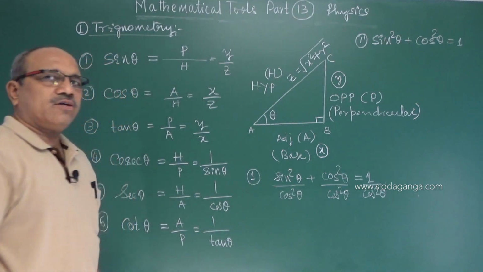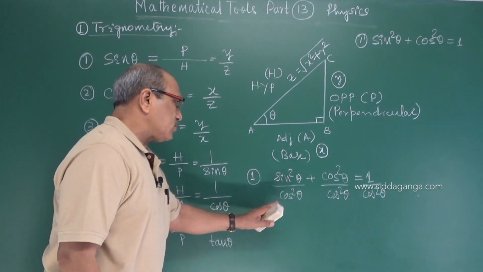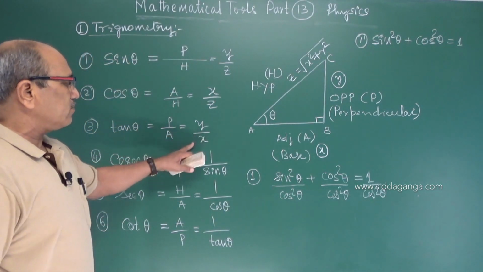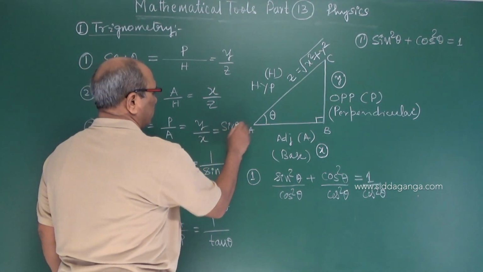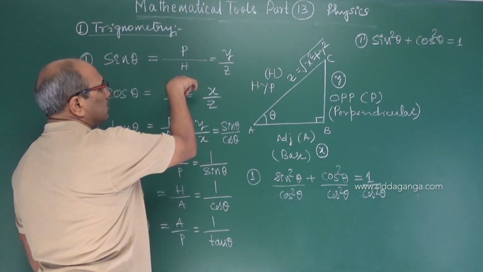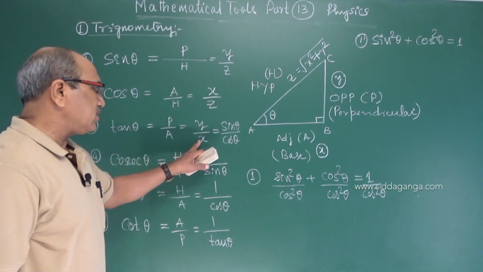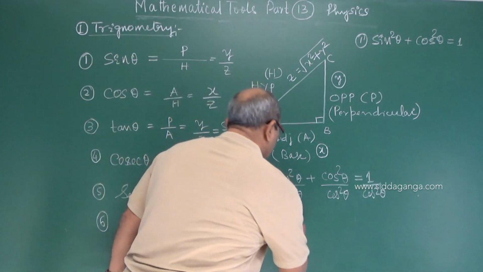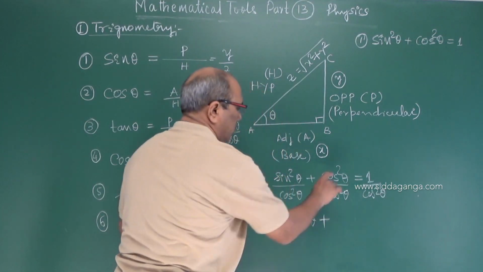If I divide by cos square theta, sin theta by cos theta is nothing but tan theta, because y by x, this I can write as sin theta by cos theta, because y by z and x by z, the z cancels, and we get sin theta by cos theta as tan theta. So it becomes tan square theta plus 1.